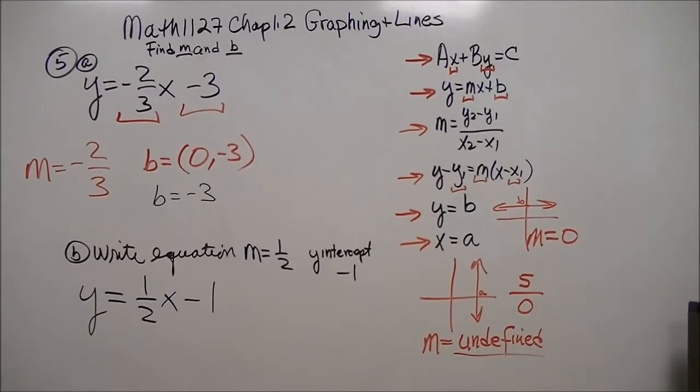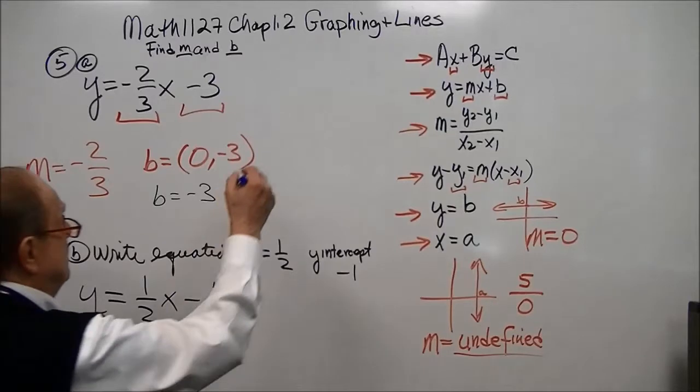So again, lots of stuff going on here, and as a quick review, hopefully rekindling knowledge you already have. Now, an interesting thing is we can graph from this slope-intercept form very easily. Let me show it to you.